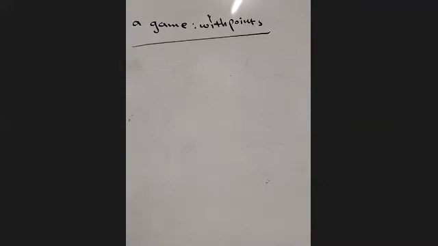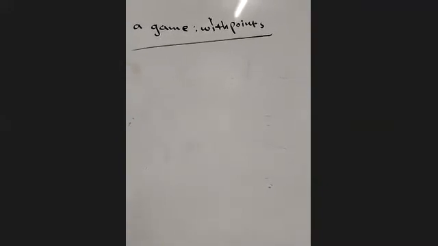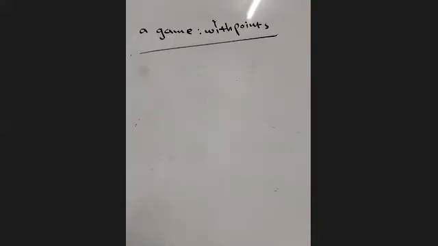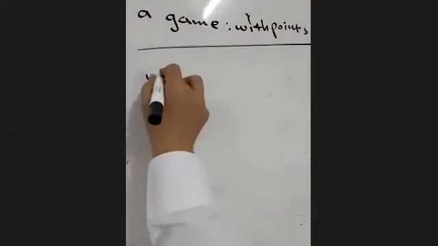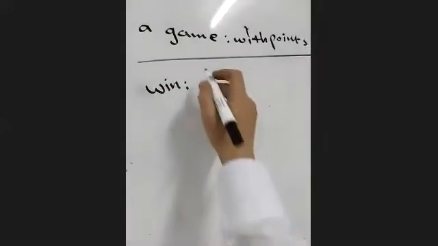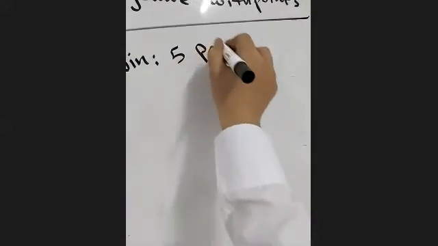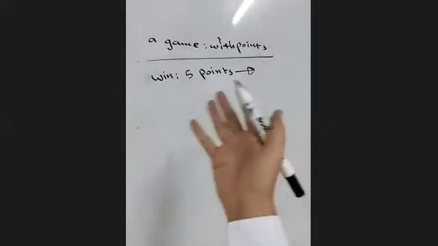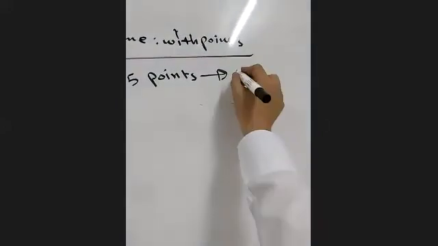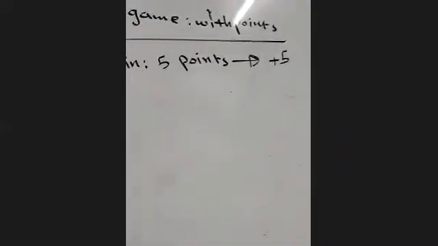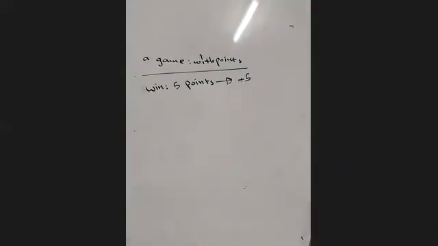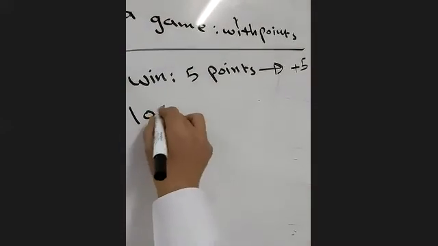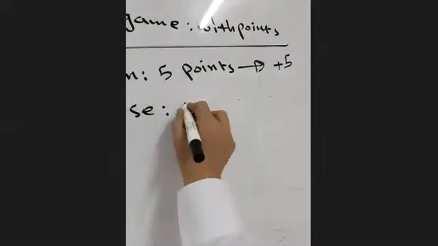You're playing a game now, and you win 5 points. How do we represent winning 5 points? We say plus 5. Assume that you lose 8 points.